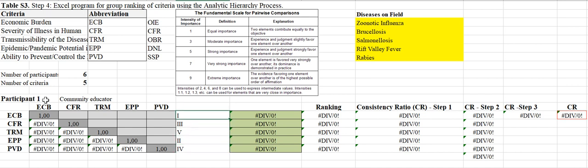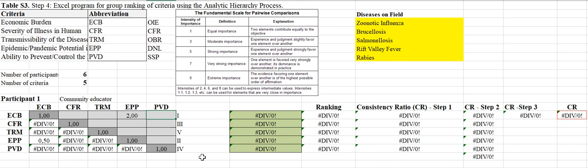I want the disease which has the highest economic burden to be prioritized more, so it will score above all other criteria. The second place would be the epidemic potential. So I can make it as economic burden compared to epidemic potential as twice as important.